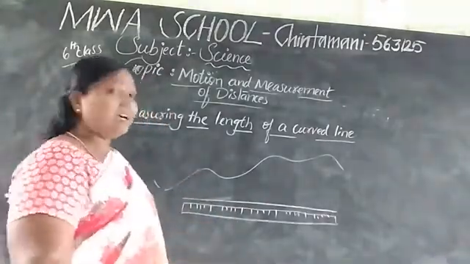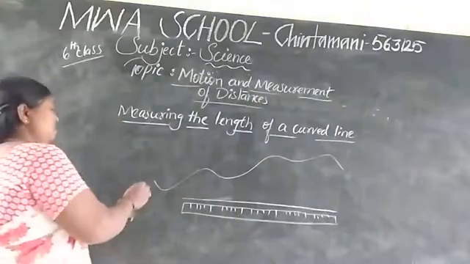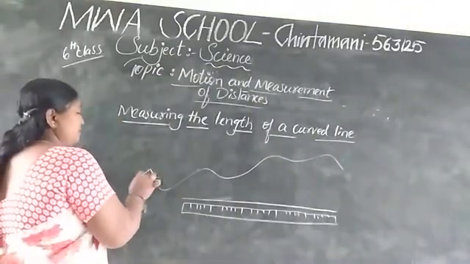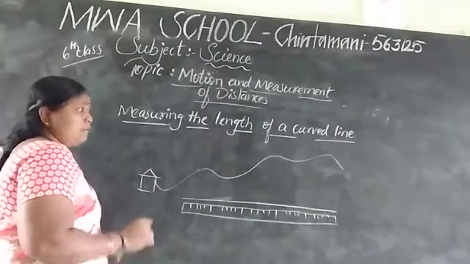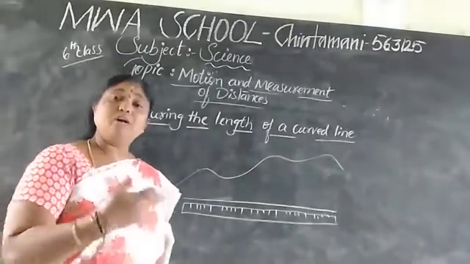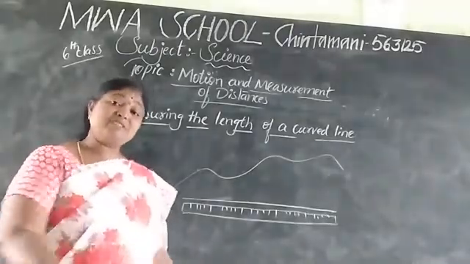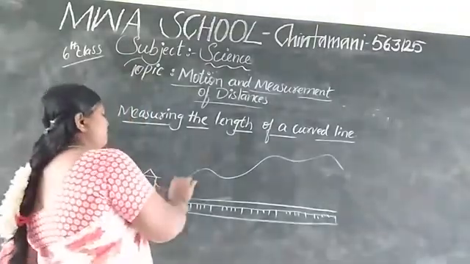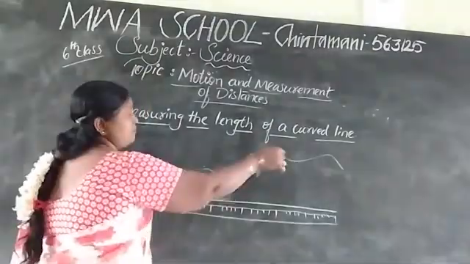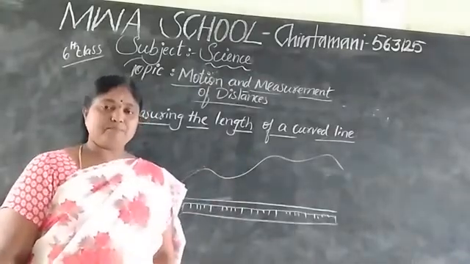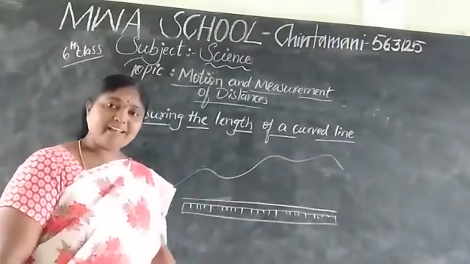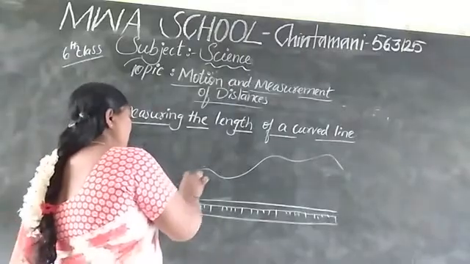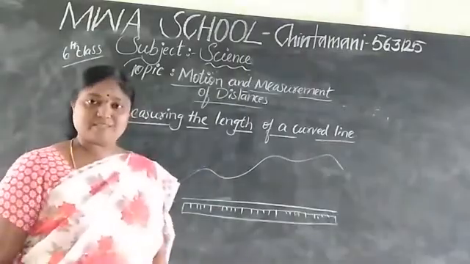Whatever the distance may be, for example, this is our house, you are going to think. From house to our school we want to come. Then how much distance have we covered? We wanted to go straight, so we went like this, and once again we came like this. Then how are we going to measure the distance of that?